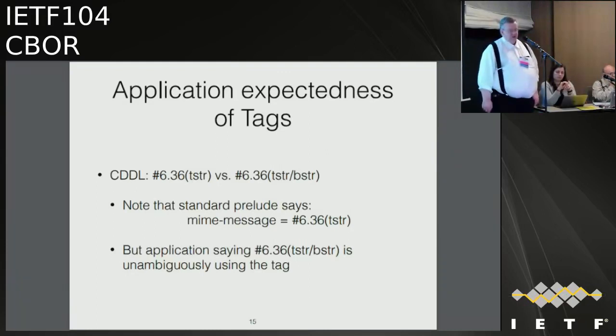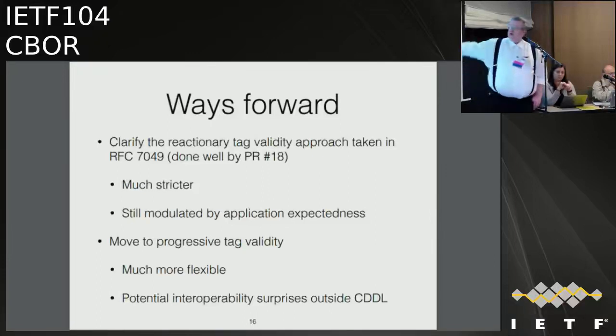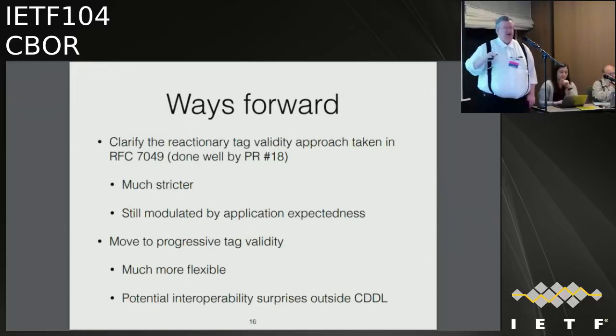I think I have heard that we don't really want to do this, which doesn't mean that we don't want to apply 18, but we may want to put 18 into a context that makes it clear that's kind of the default validity until the application says something different. And what we probably want to do is explore this progressive tag validity a little bit.